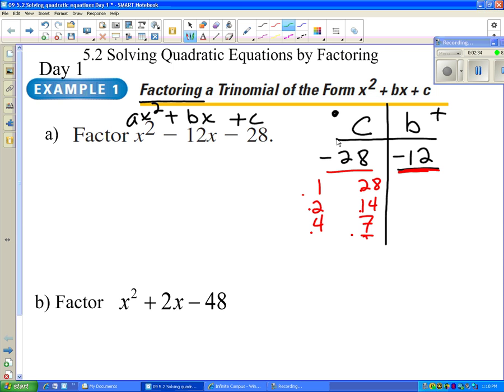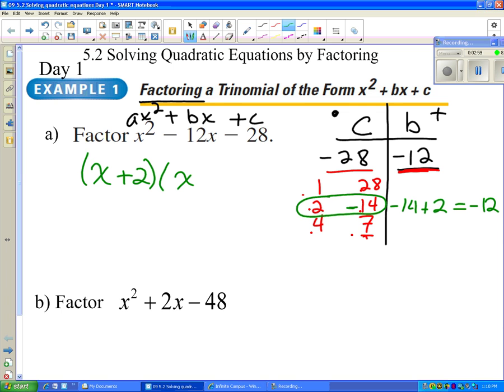But I want negative 12, so it's negative 14, because negative 14 plus a positive 2 is a negative 12. So these are my two factors. And my form is always the same: x, since it's a positive 2, plus 2. Since it's a negative 14, minus 14. x plus 2 times x minus 14.